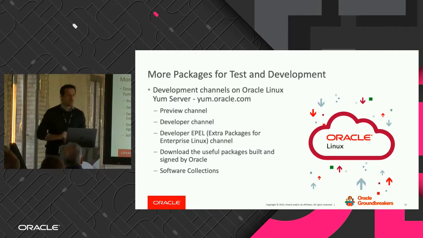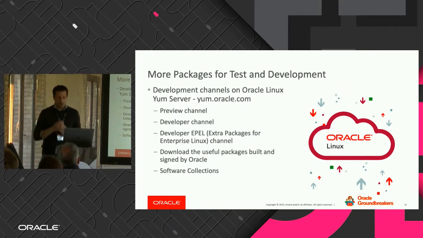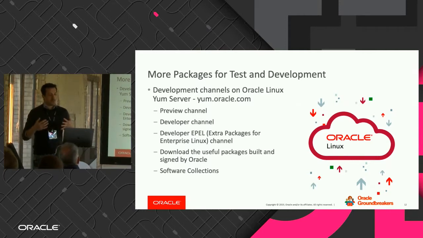Lately, we also introduced many things for developers. So we have YUM channels, which are channels where you can find software, RPMs, dedicated to developers. We have the EPEL channel. We decided to have our own EPEL channel, extra packages for enterprise Linux.